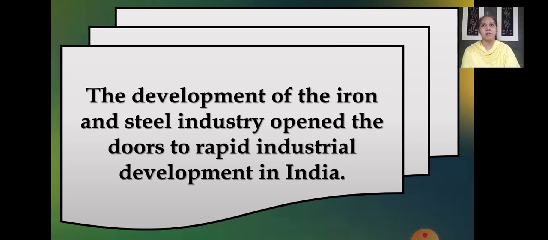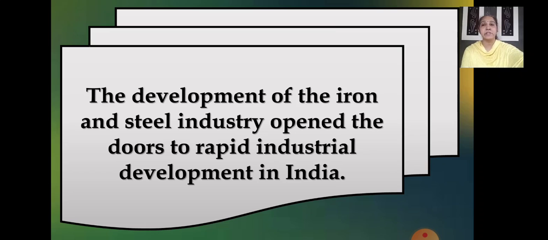That is the reason all sectors of the Indian industry depend heavily on the iron and steel industry for their basic infrastructure. Even the Indian iron and steel industry consists of large integrated steel plants as well as mini steel mills. It is not like everybody has got the big industries, but the mini integrated steel plants as well as the mini steel mills were also there. It also includes the secondary producers, rolling mills and the ancillary industries.